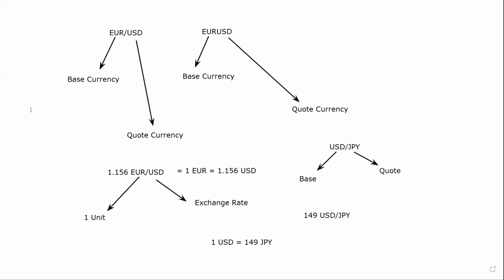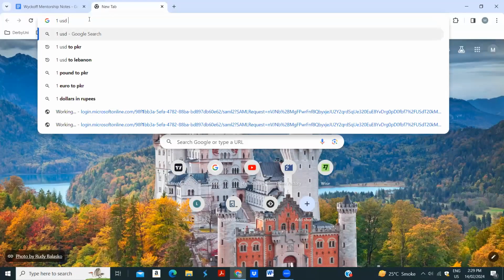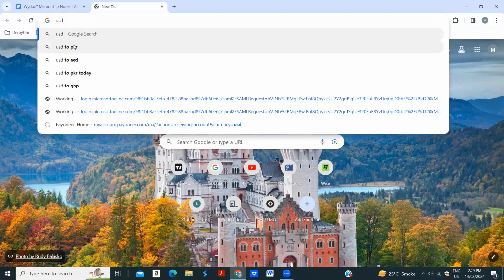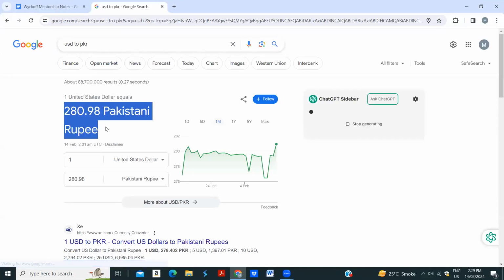Okay, let me give an example here from real life charts. Let's suppose we have a USD to PKR exchange rate. The USD PKR exchange rate is 280.98.